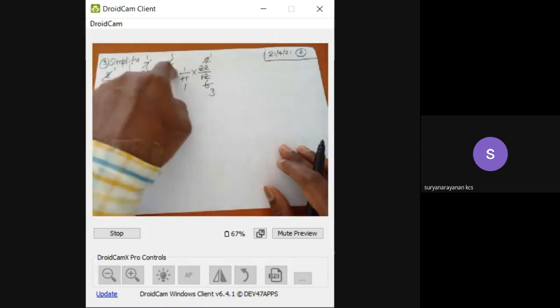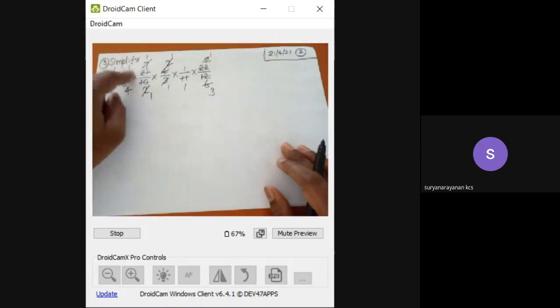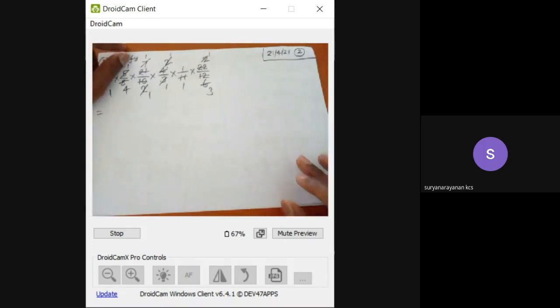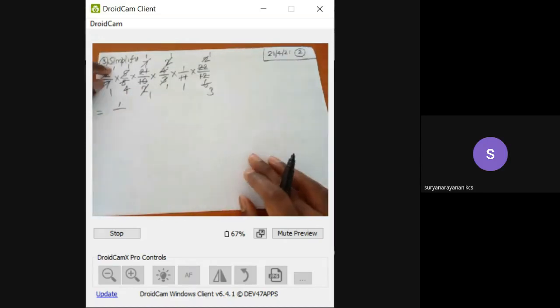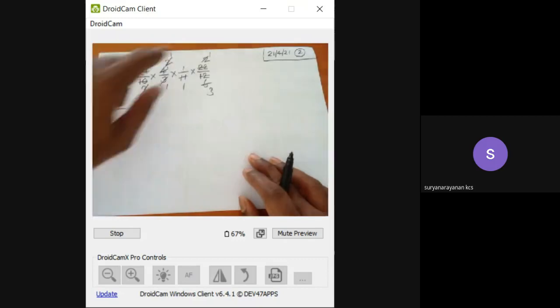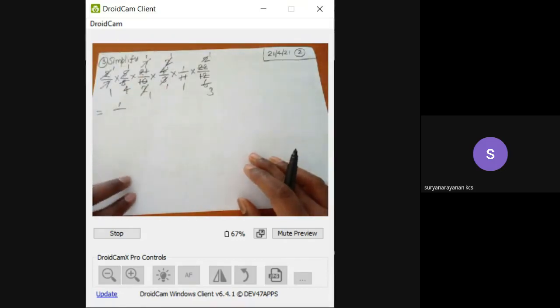Multiply all these 6 ones. 1 into 1 into 1 into 1. What will you get finally in the numerator?